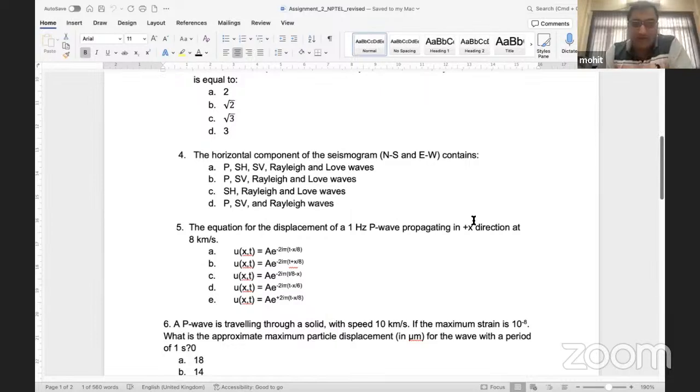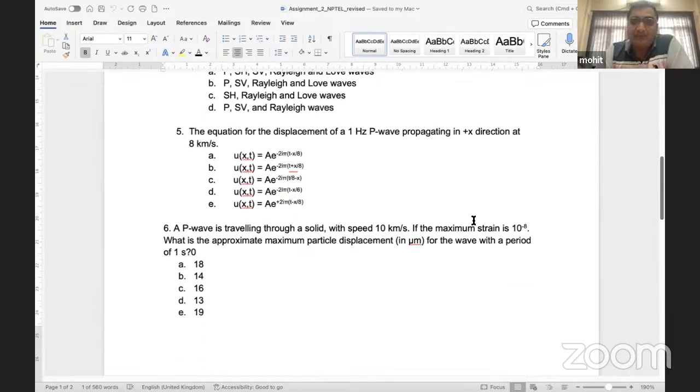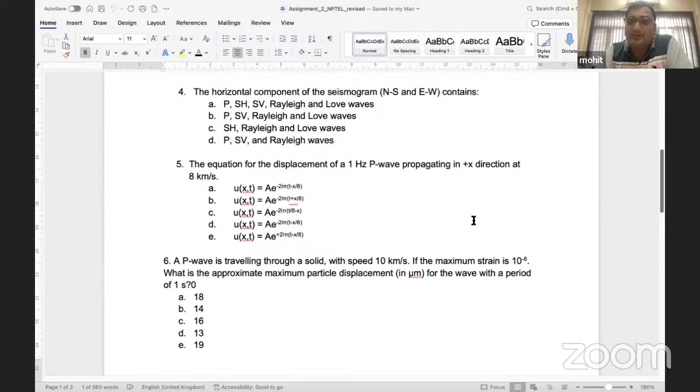Question number 5. The equation for the displacement of a 1 Hertz P wave propagating in plus x direction at 8 kilometer per second. You can just apply the wave equation u x, t is equal to a e to the power iota omega t minus k x, and omega we know is 2 pi f, so it will be 2 pi into 1, that is 2 pi, and k you can find as omega by v.